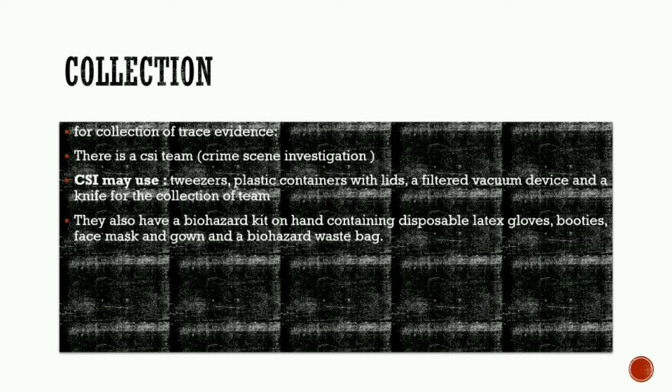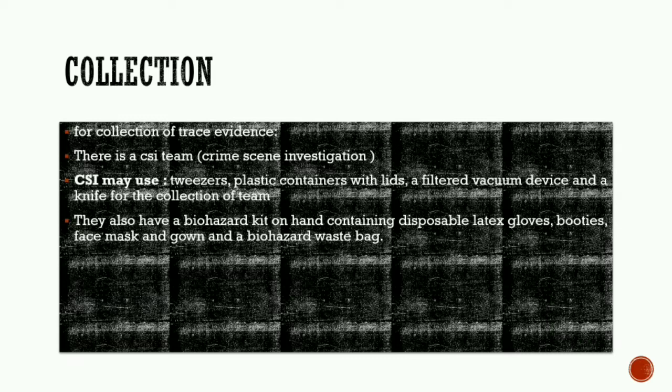So here a question arises: how can we collect trace evidence? There is a team that collects evidence from the crime scene, called the CSI team, the Crime Scene Investigation Team. In collecting evidence from the crime scene, the CSI has several main goals in mind: reconstruct the crime, identify the person who did it, preserve the evidence for analysis, and collect it in a way that will make it stand up in court.